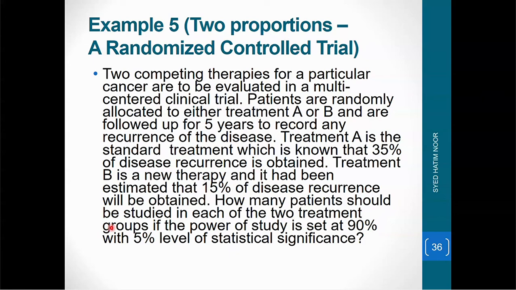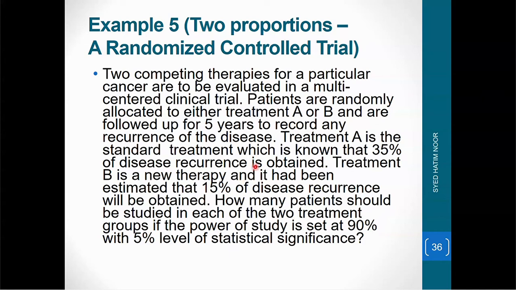P1 is B. P0 or P2 is A, treatment A, because it's the control, the current standard treatment. So the proportion of disease recurrence in treatment A will be 35%. The estimated proportion of disease recurrence in treatment B will be 15%.